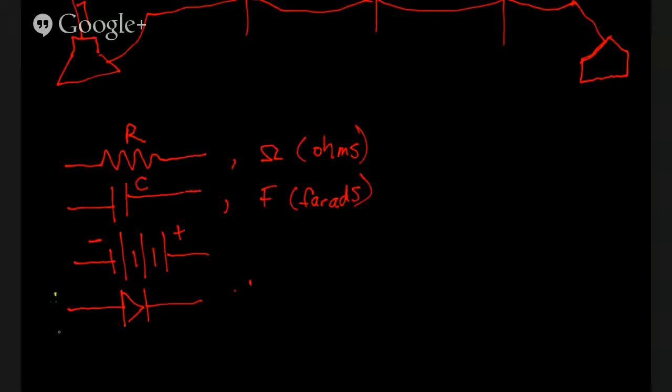So we've got anode and cathode. Diodes only allow electrons to flow from cathode to anode. They can only go this way, can't go this way. And that's pretty important. It serves a purpose called rectification, which you'll understand eventually.